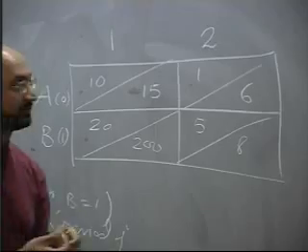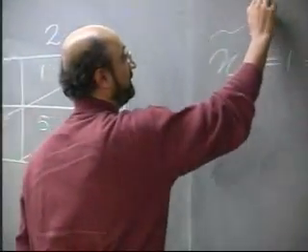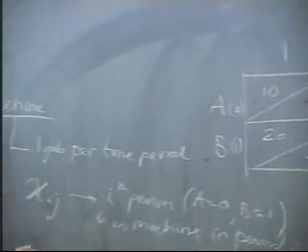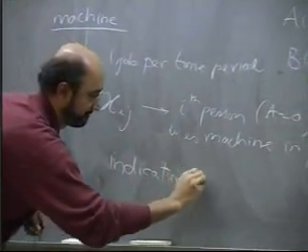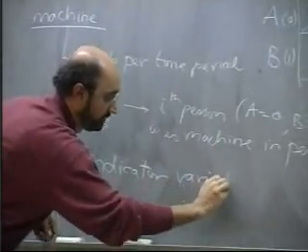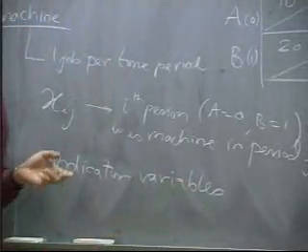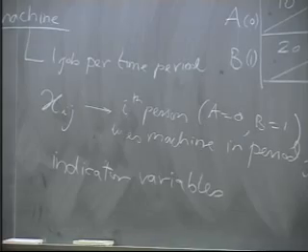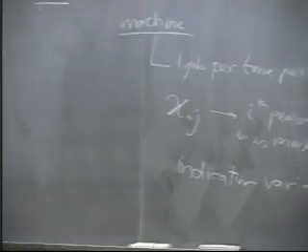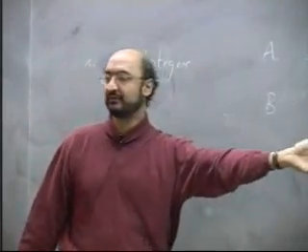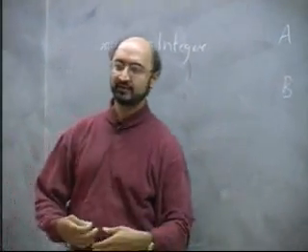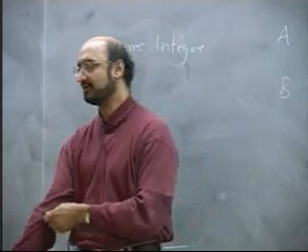So these are what I call indicator variables. The xij's are indicator variables. And this is the most common form of integer linear programming that you'll find. We use indicator variables, and this is why I got confused with saying 0 and 1. Indicator variables are 0 or 1. If it's 0, something is not happening. If it's 1, something is happening.